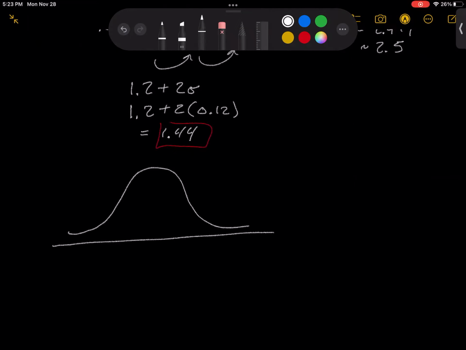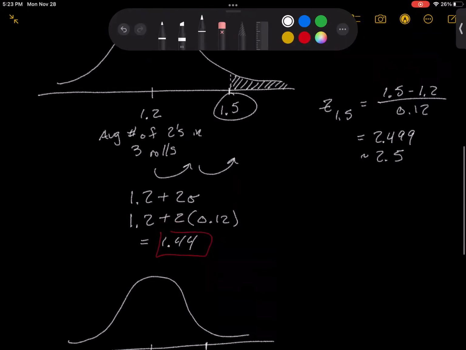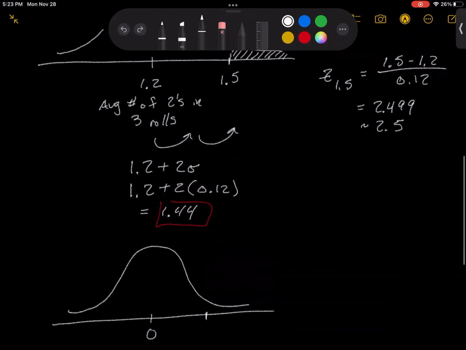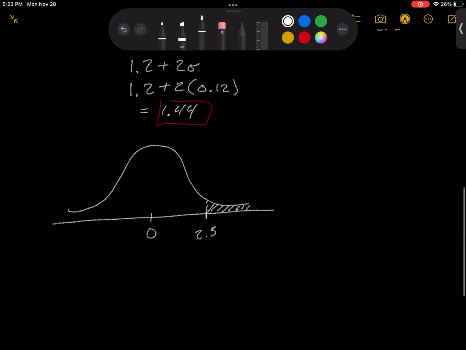Our critical value sheet uses areas to the left of z-scores. So the z-score of my average, the z-score of 1.2 is going to be 0. And the z-score of 1.5 twos out of 3 rolls, we've actually already calculated that over here. So the z-score of 1.5 from this distribution is 2.5, roughly. So I can find this area by finding this area.